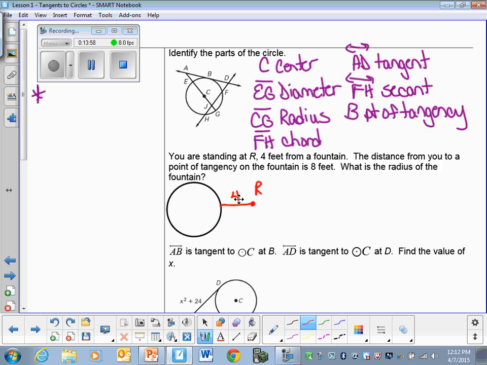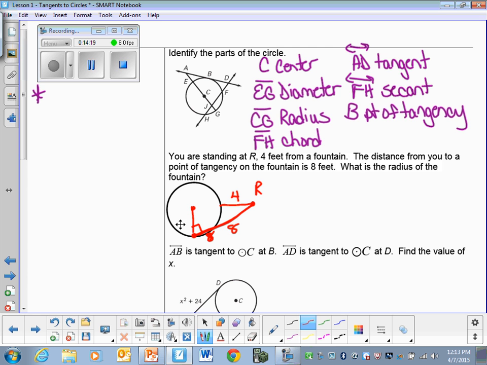The distance from you to a point of tangency on the fountain is 8 feet. I didn't draw that well. We're going to pretend that's our point of tangency right there. This is 8 feet. Alrighty. What is the radius?